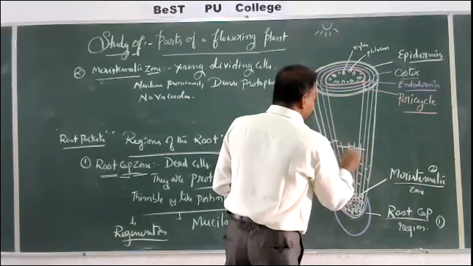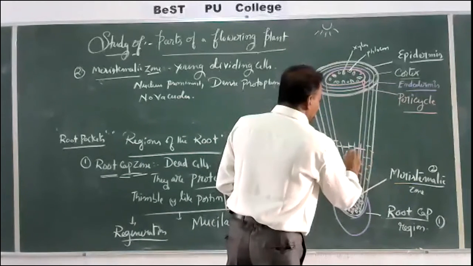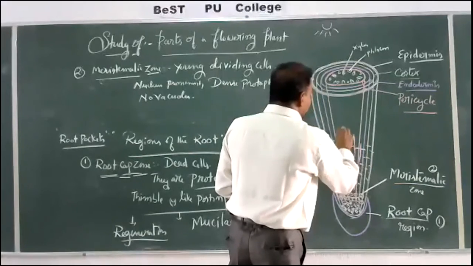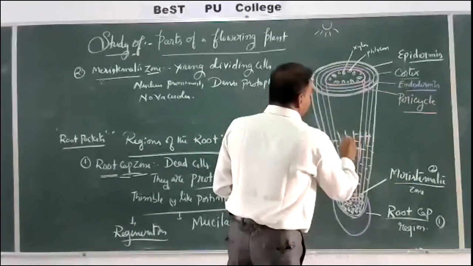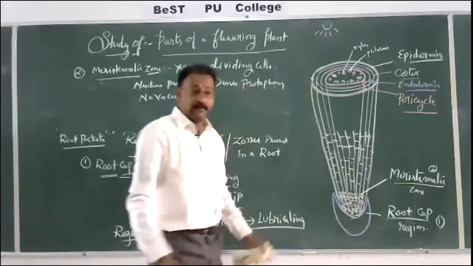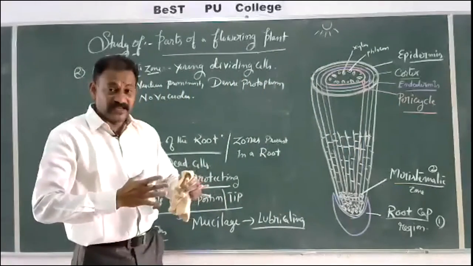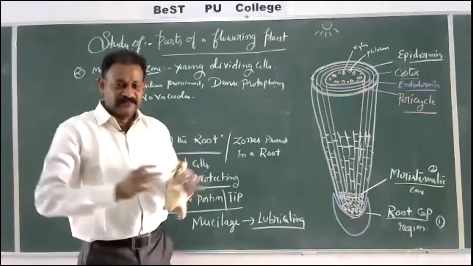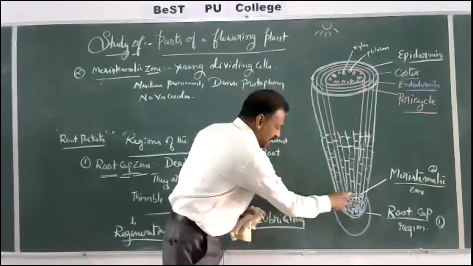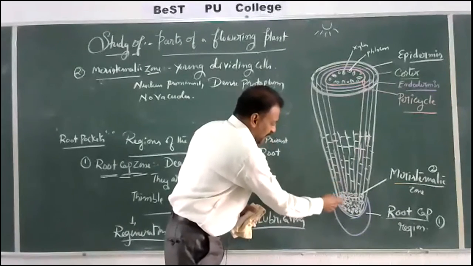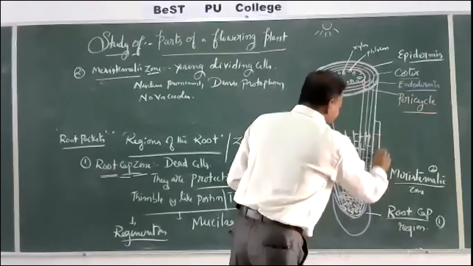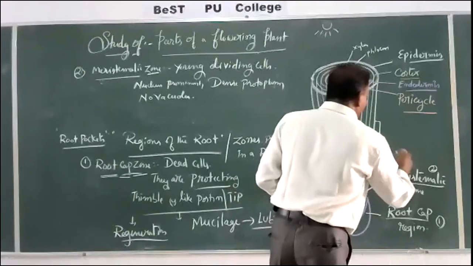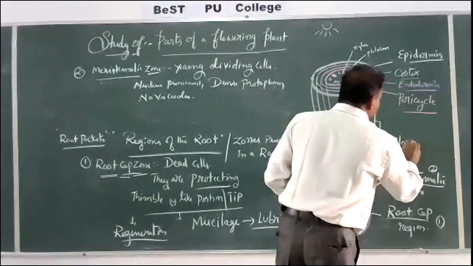The nucleus lost the capacity of cell division. The cells have grown to the maximum. Maximum growth means the cell has elongated. This one is round, small cells. The region above this is called the zone of elongation, the elongation region.